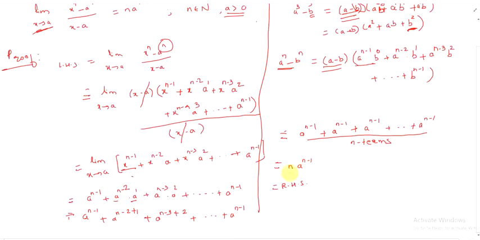So this is the result, and we get this result. Here we know that if we write a plus a 2 times, then we write 2a. If we write a plus a 3 times, then we write 3a. So these are n terms, therefore we write n into a. Remember this one. It is not very difficult to remember.